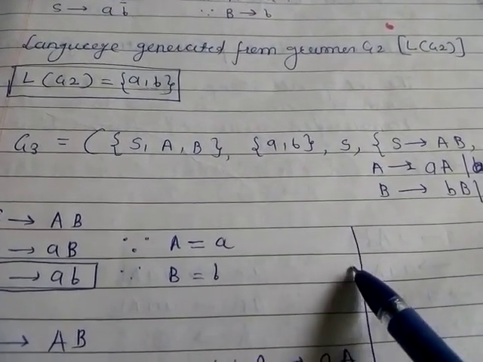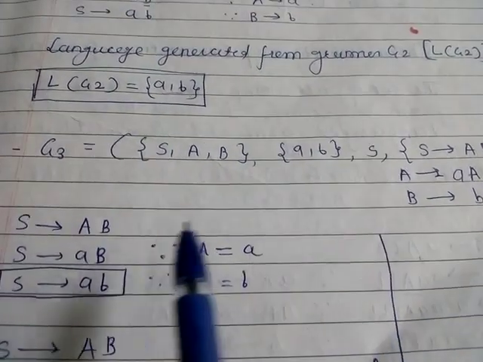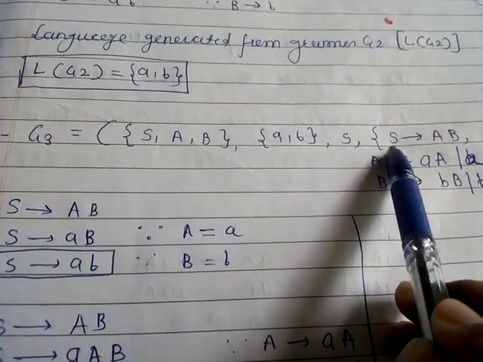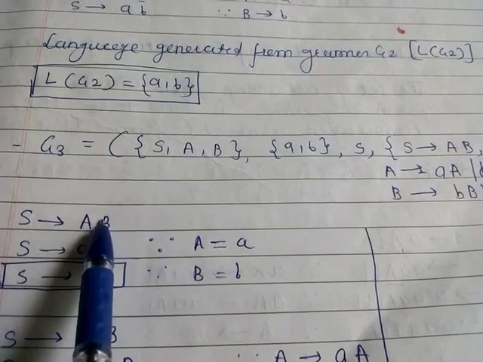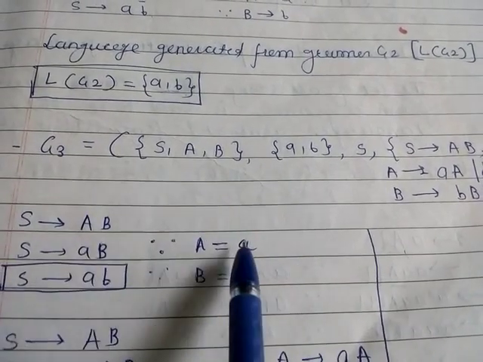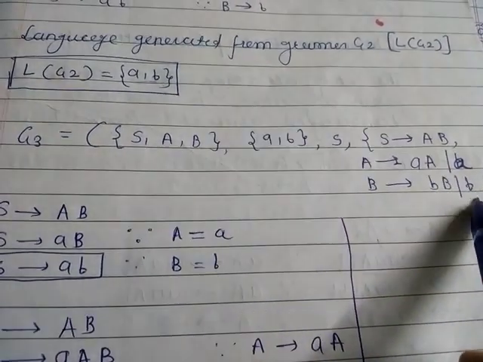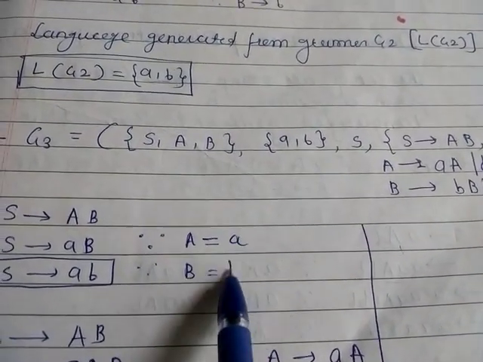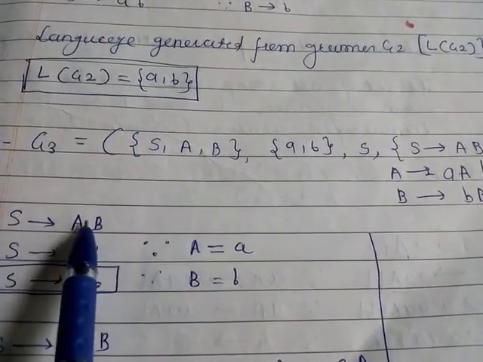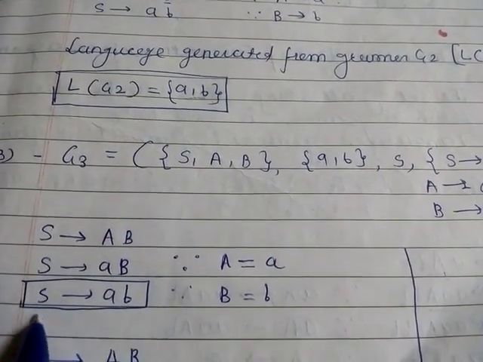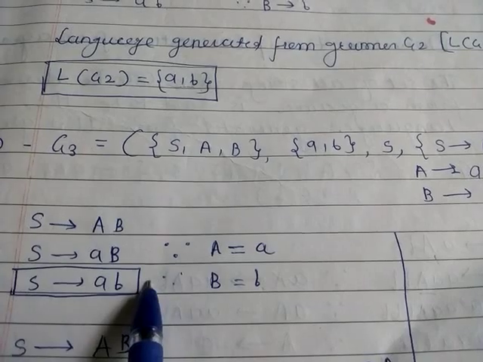We can generate the first string, that is S tends to AB. I kept the value of A as a, and the value of B as b. So I substituted these two values in AB, and I get the new string, that is ab. This is the first string.